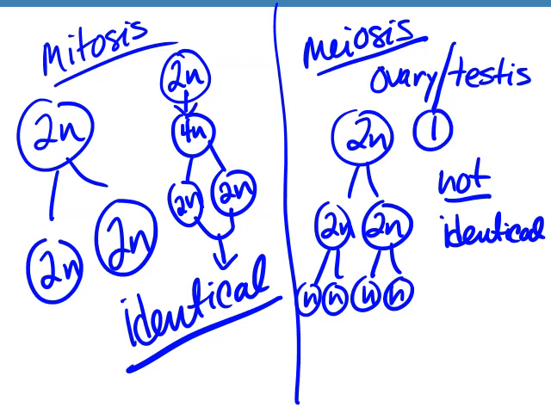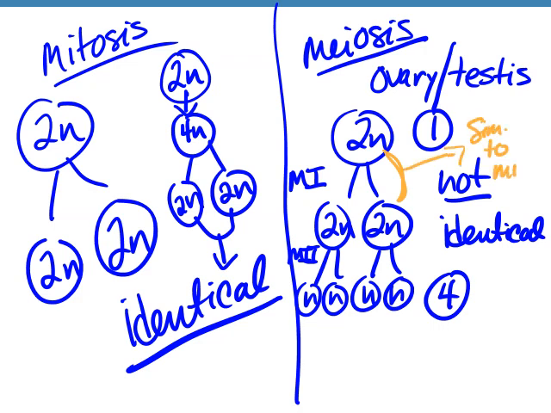We also start with 1 and we end up with 4. There are 2 divisions, so they'll call this meiosis 1 and meiosis 2 using Roman numerals. Meiosis 1, this part, is similar, not exactly, to mitosis. This part is not, right? This is where you're halving the number of chromosomes.